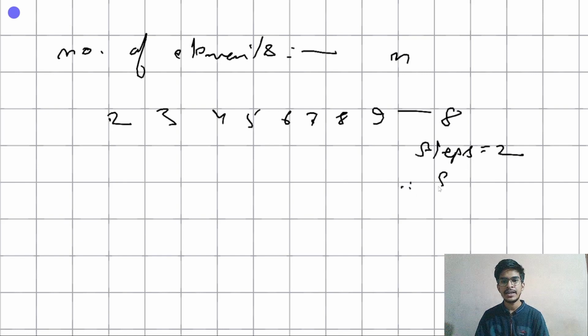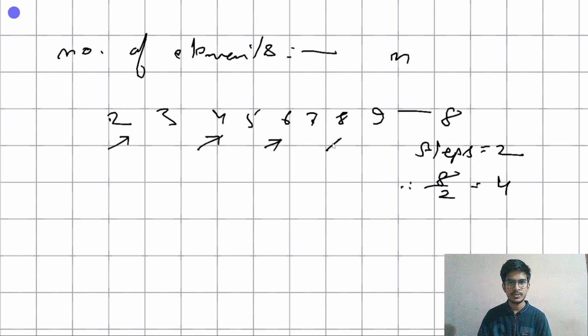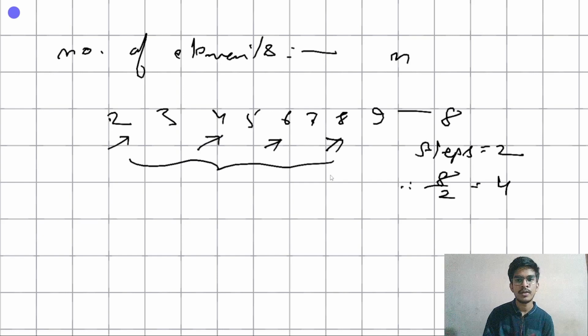That means 8 upon 2 will give four iterations. That means this one, then this one, then this one, and after that this one. Yeah, we will have 4 iterations if we divide it.